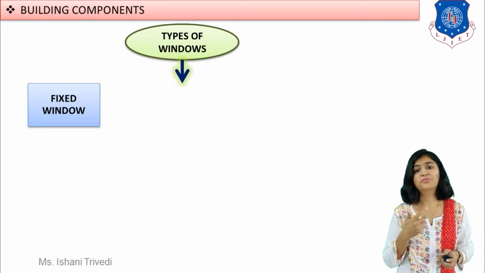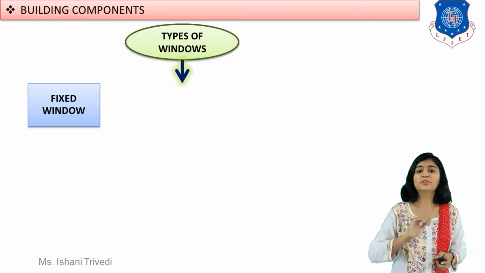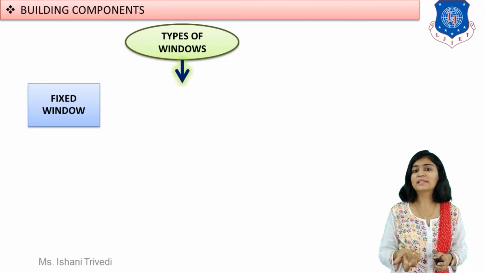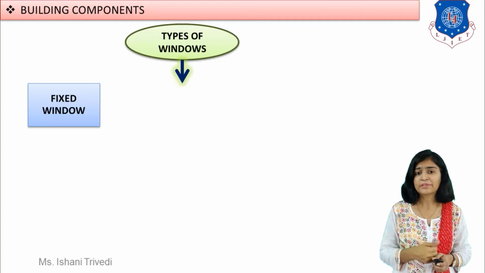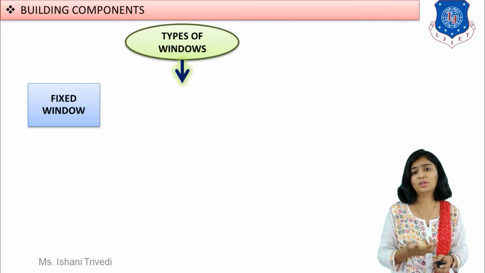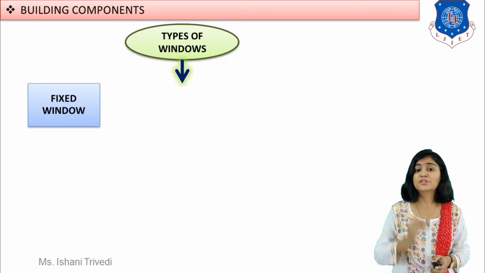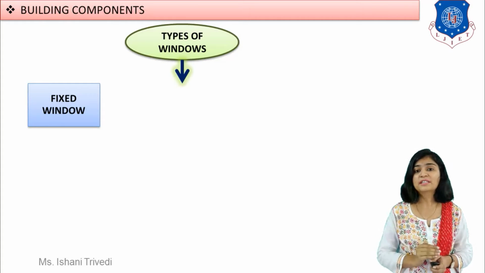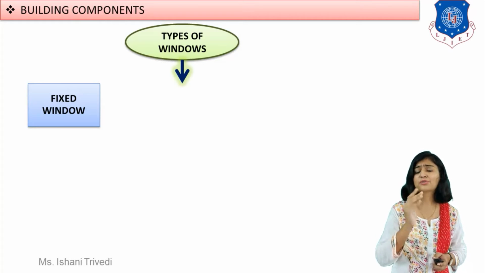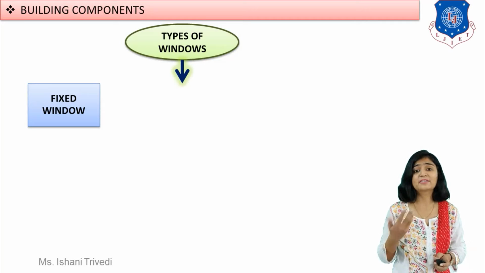Now if I talk about ventilators, windows and ventilators go together, right? Because a ventilator is a small window which is provided at the greater height of the storey, near the roof, near the ceiling. It is provided only for ventilation, for air circulation. It may be provided in basements.